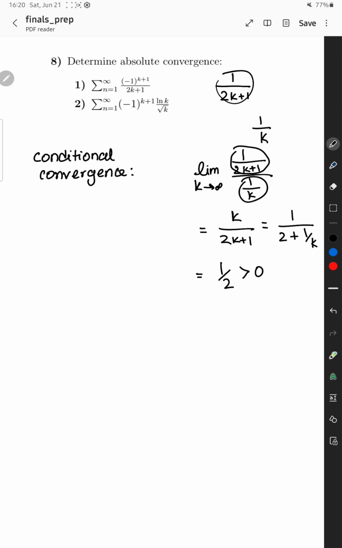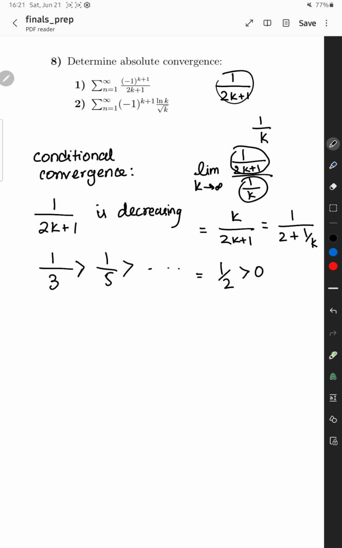Conditional convergence, particularly for alternating series, implies that 1 over 2k plus 1 is monotone decreasing, which is the case because this would be something like 1 by 3 and then 1 by 5. So 1 by 3 is greater than 1 by 5 and so on.